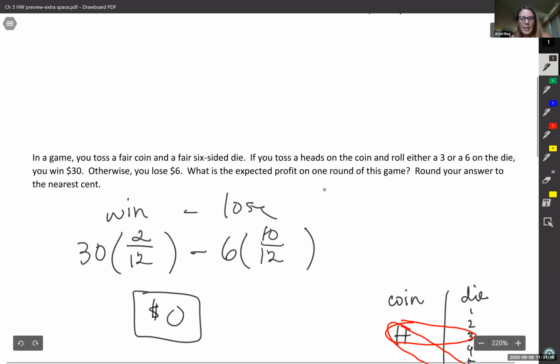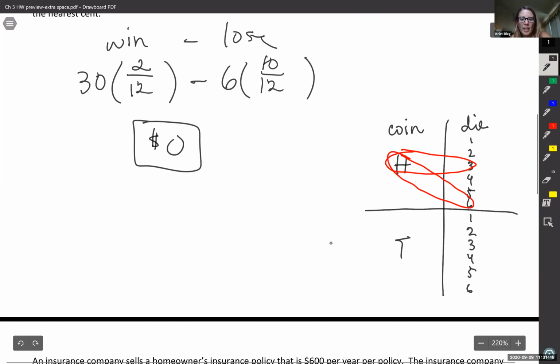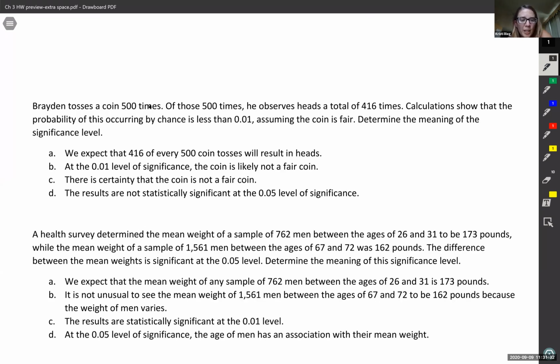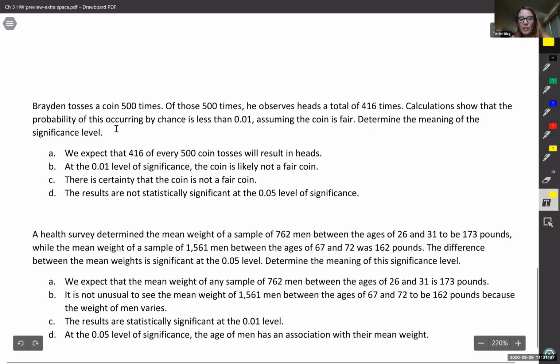Okay. Next topic has to do with the significance level. So it says Braden tossed a coin 500 times. Now remember, we are not looking to calculate anything. We're not looking to infer anything. We're just determining the meaning of the significance level.